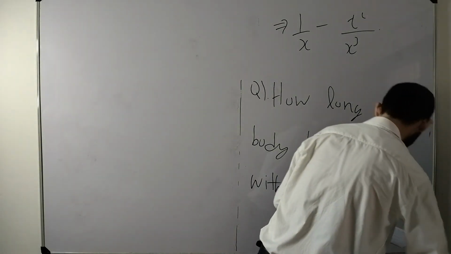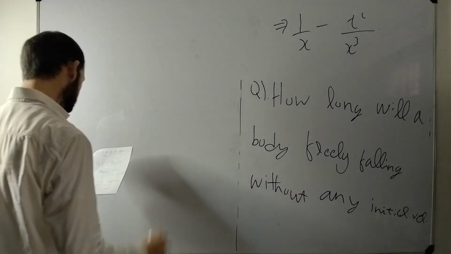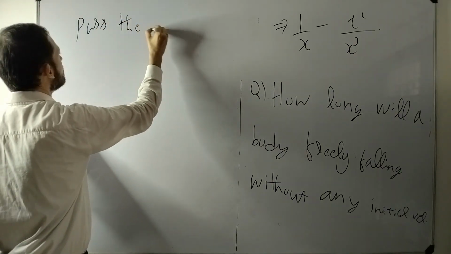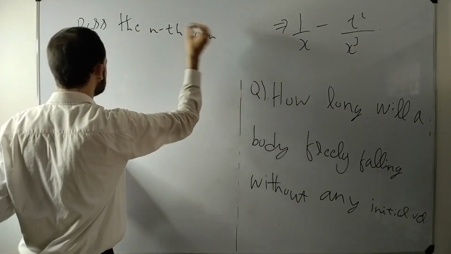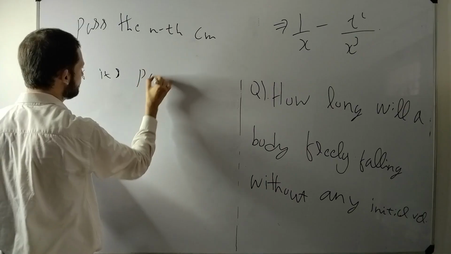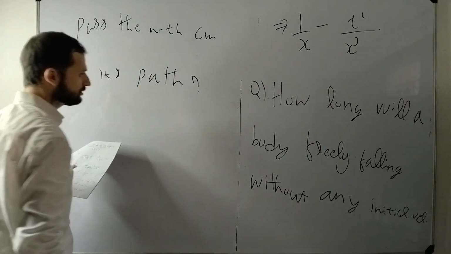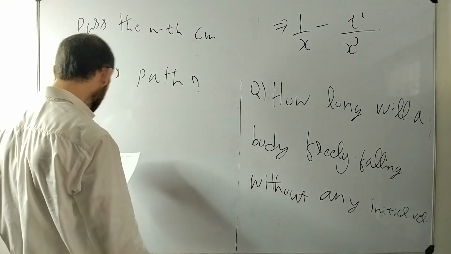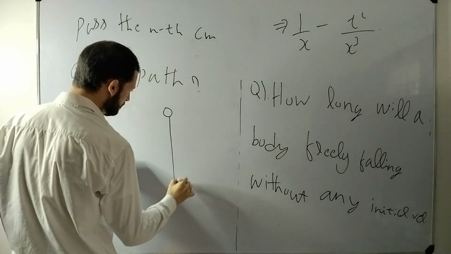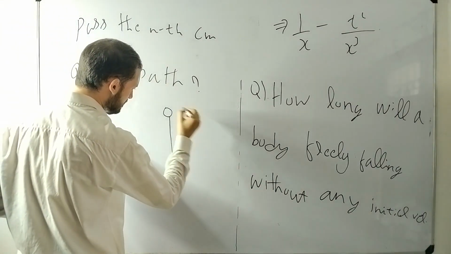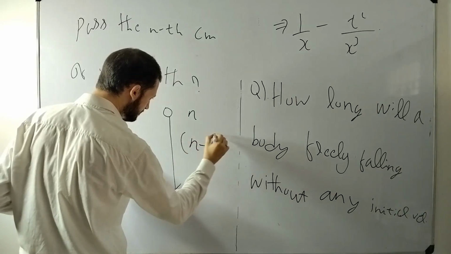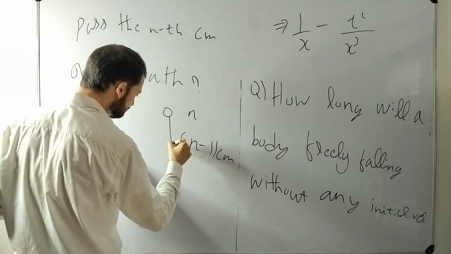So, initial velocity, pass the nth centimeter of its path. So let's understand this question. It is a beautiful question. A body, suppose it is a stone, is falling here. Suppose this is n centimeter, and here it is n minus 1 centimeter from here.